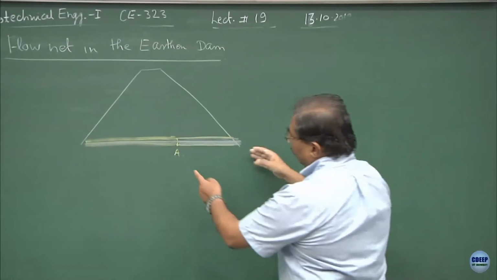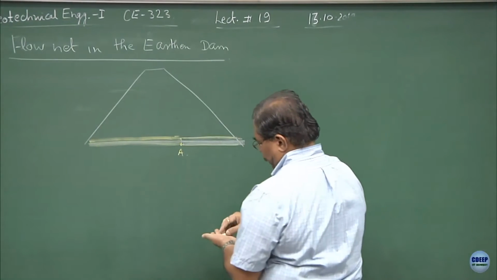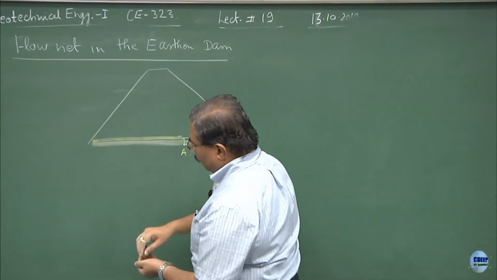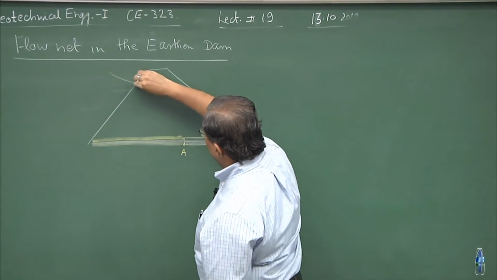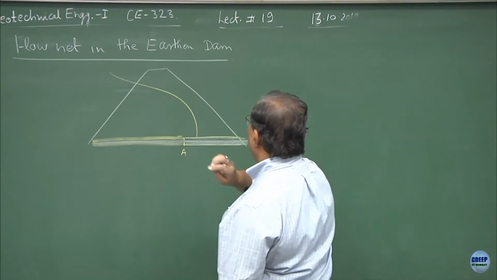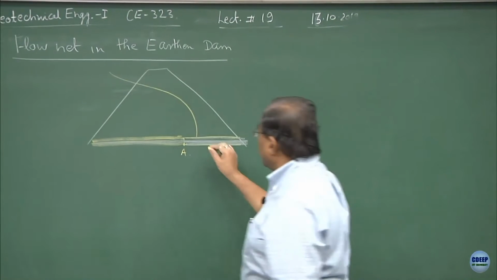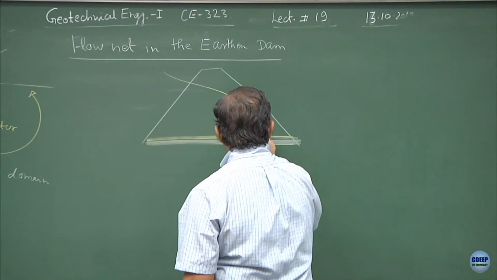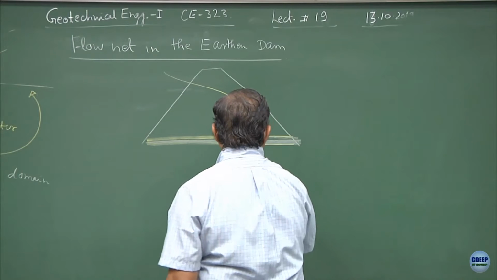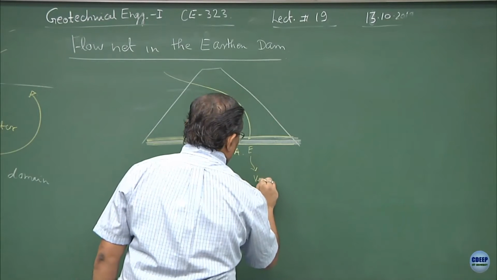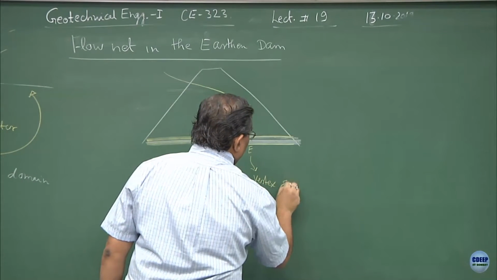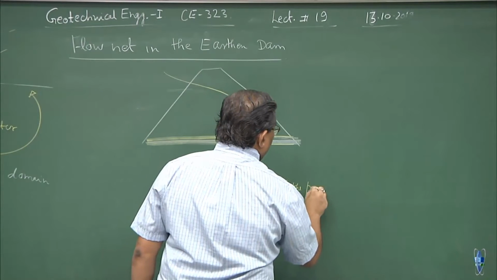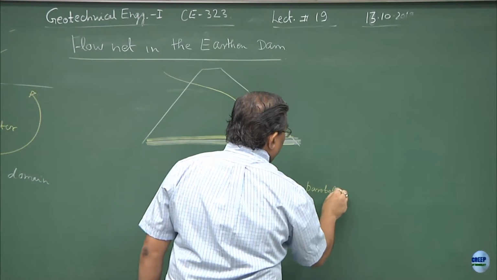Now, the moment I have done this type of a manipulation, the top flow lines will always come and cut at the vertex. So, this is the vertex point E. Fine.